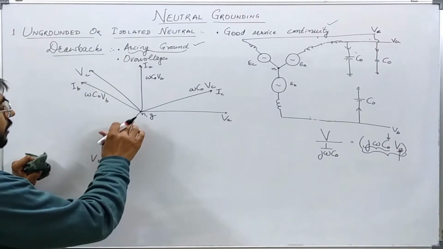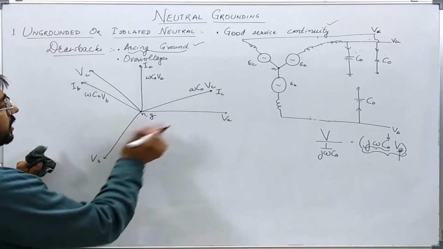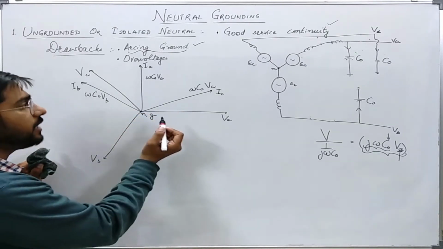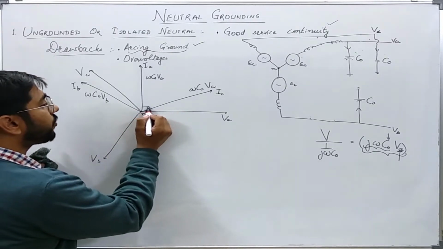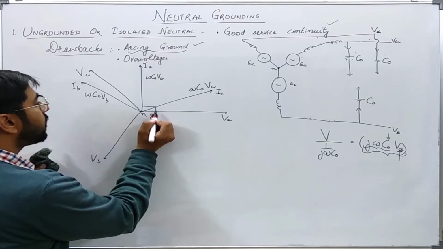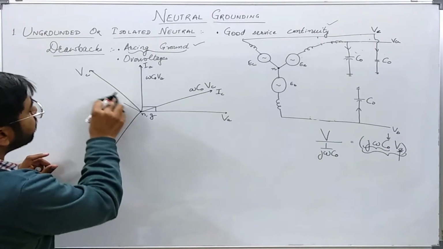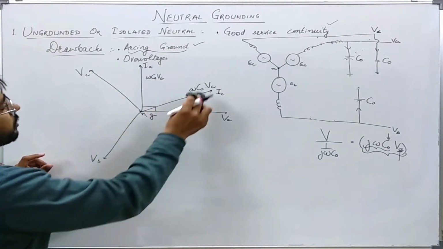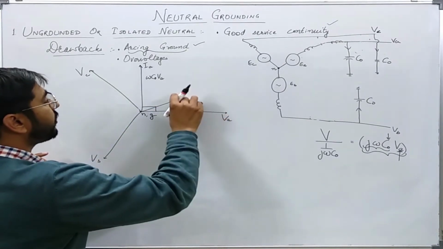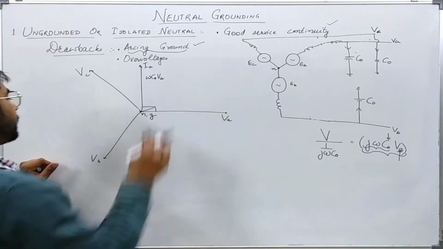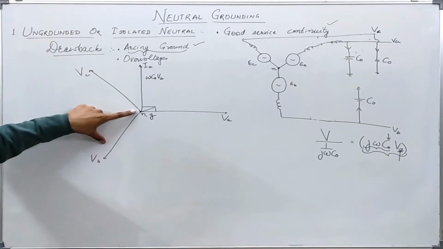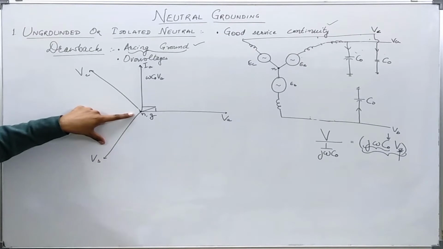Or I have drawn these incorrectly. The capacitive currents will lead the voltage by 90 degrees. So for phase A it is correct, but for phases B and C, I have drawn them incorrectly. Let me draw it again. For phases B and C, this is the voltage VB.